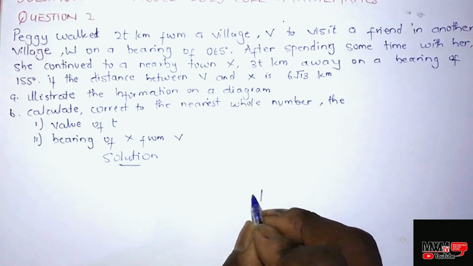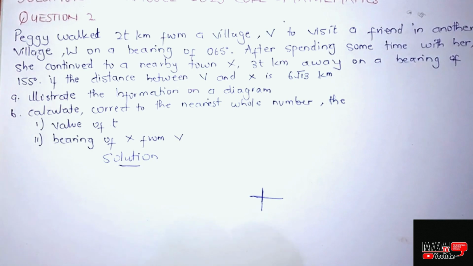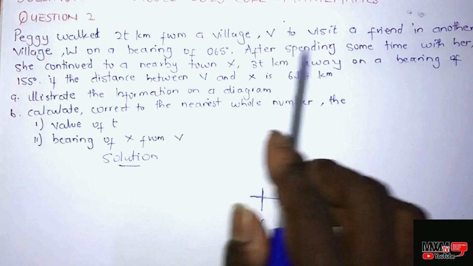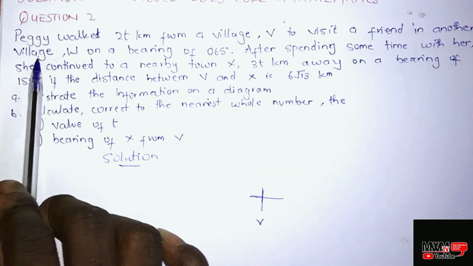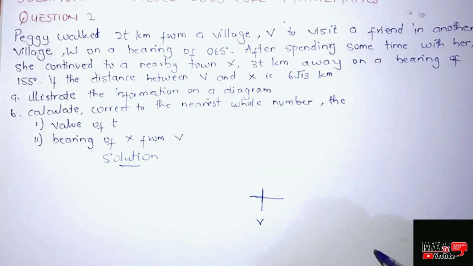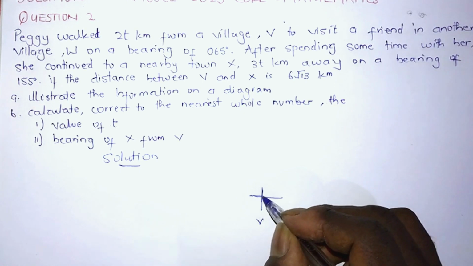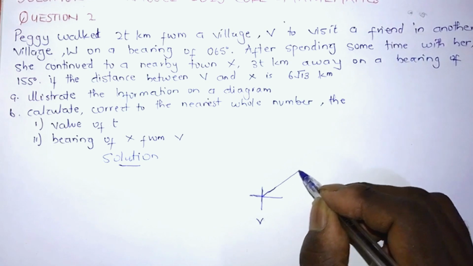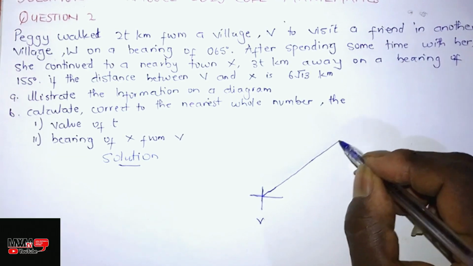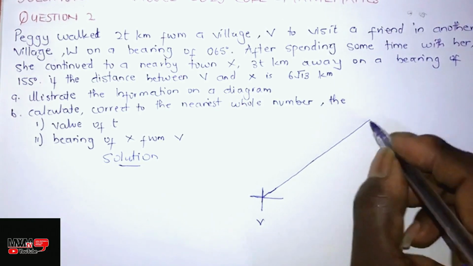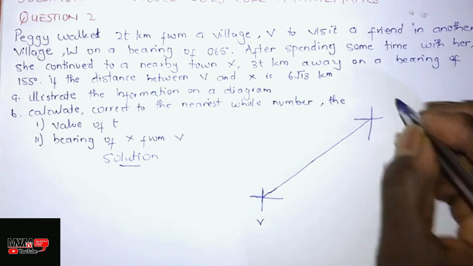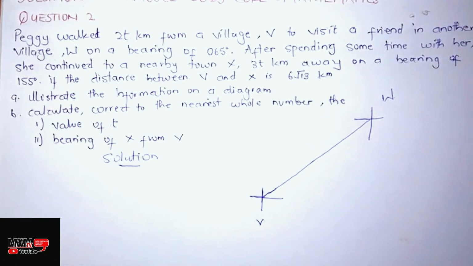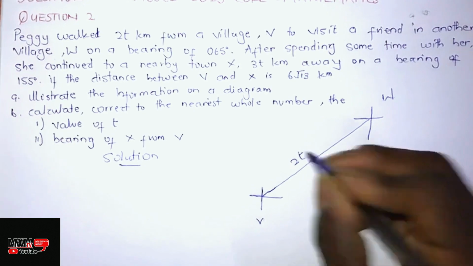I'm going to put my V here, and she walked from V to visit a village, W, on a bearing of 065. So 065 is going to be in the first quadrant here, since in the first quadrant the angle is from 0 to 90 degrees. So to W, and the distance is 2t.